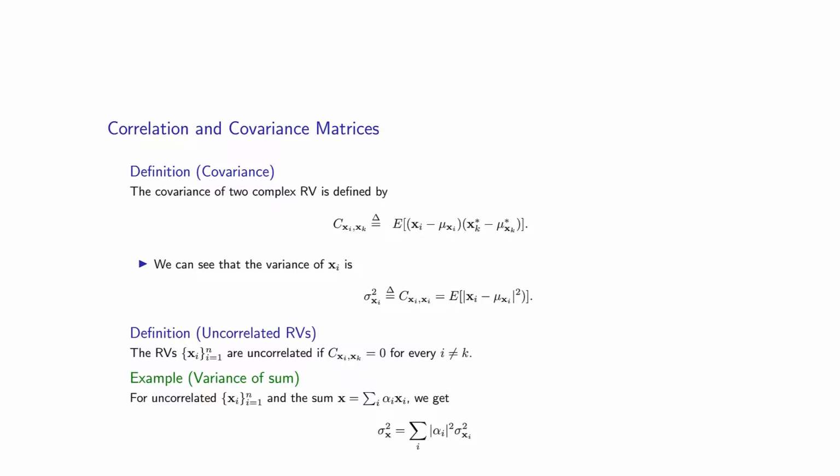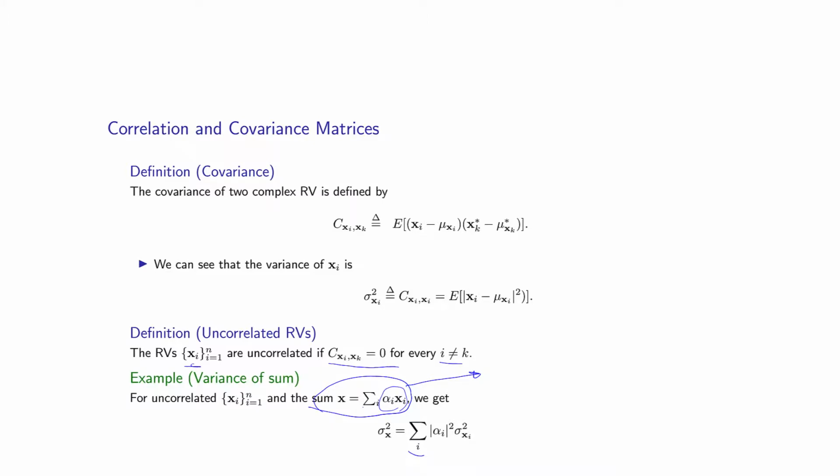We say that a sequence of random variables are uncorrelated if their covariance is 0 for all i and k not equal to each other. For example, if a set of complex or real random variables are uncorrelated, then for a linear combination of them, the variance becomes the sum of the variances of each term because they are uncorrelated.